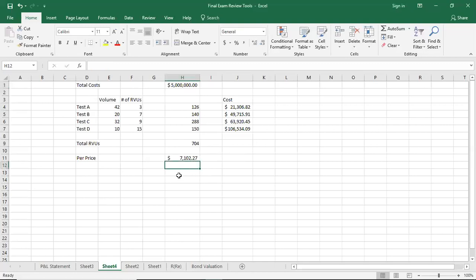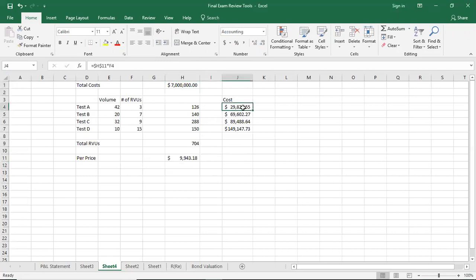Now, if you want to earn a profit, you can say, oh, I want to earn like $2 million of profit. So if you want the total amount to be 2 million profit, you'll change this to 7 million, because you know that your costs are 5 million and you want a profit of 2 million.